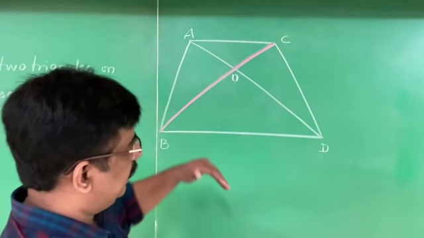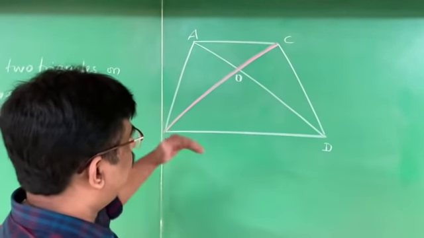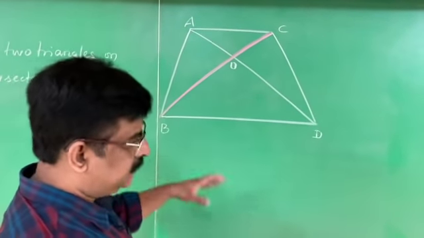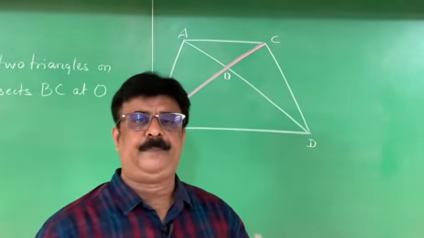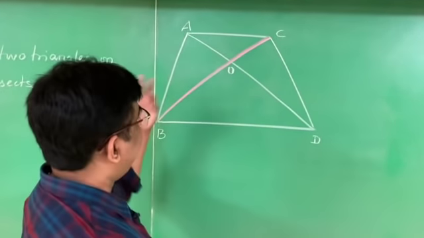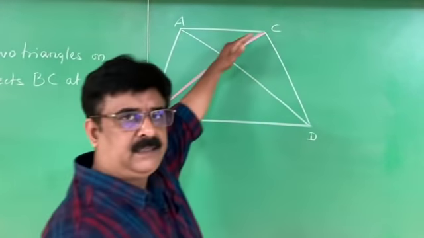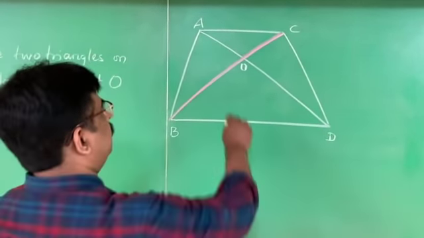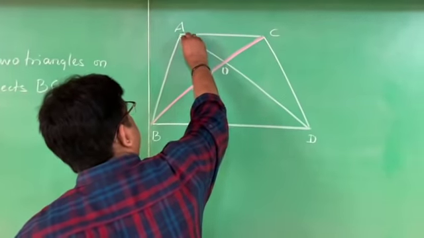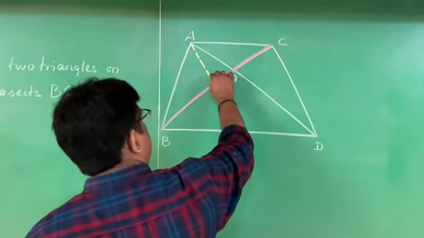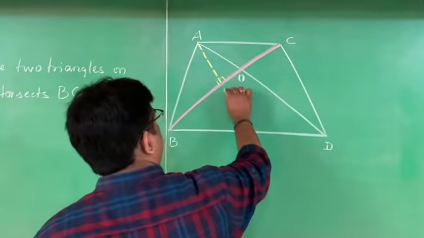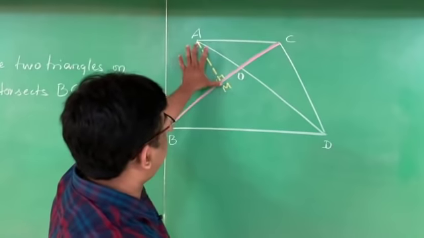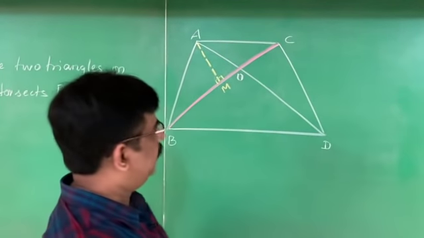First I go for the regular method of finding the area. Regular method of finding area means area of a triangle is equal to half into base into height. Here height is not given, base is given, BC is the base. Height is not given, therefore I draw the altitudes. See, first I draw AM perpendicular to BC and AM is the altitude of the triangle ABC.